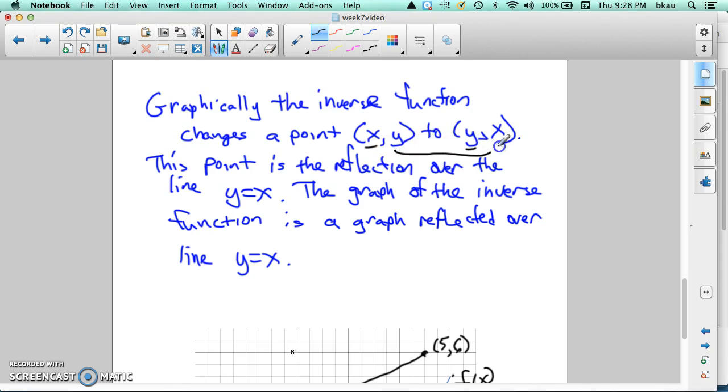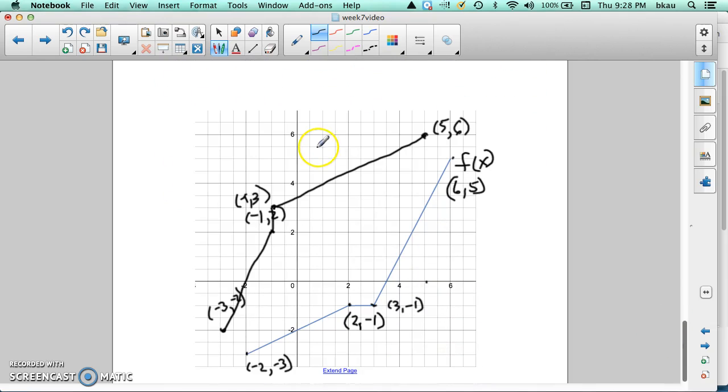Now, it's a reflection over the line y equals x. So if I were to graph in the line y equals x here, let's make it dotted. We'll make it this color dotted. So y equals x would end up going through here, through the corners of the graph.